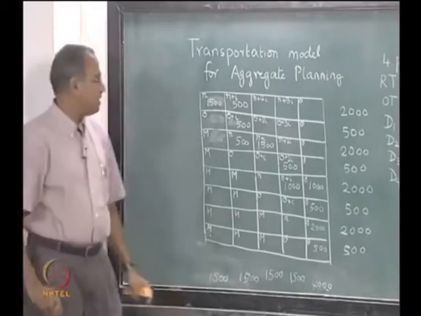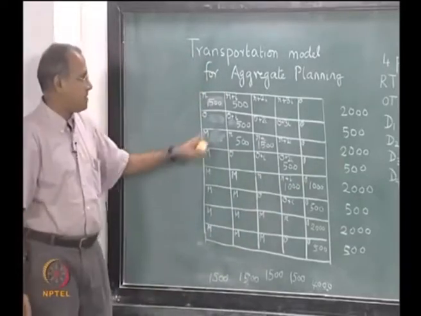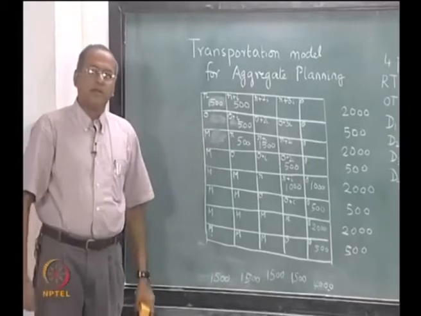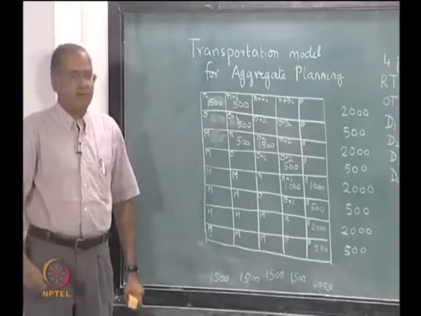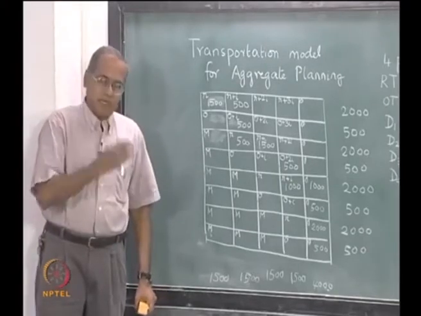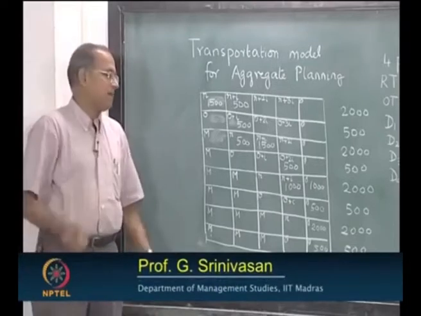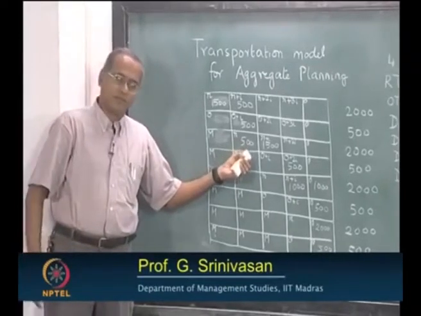And then we proceed. Now, let us assume that this is the basic feasible solution that we have using the northwest corner rule. We have already learnt elsewhere that if we had gone for a minimum cost method or a Vogel's approximation method, we may have got a better basic feasible solution.